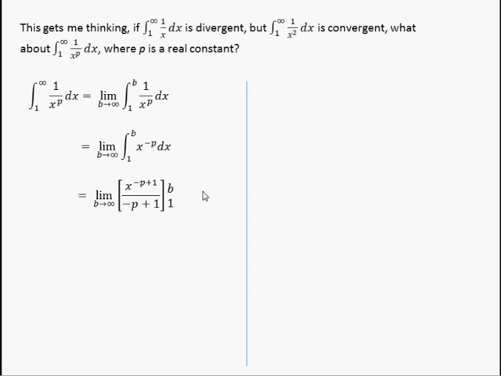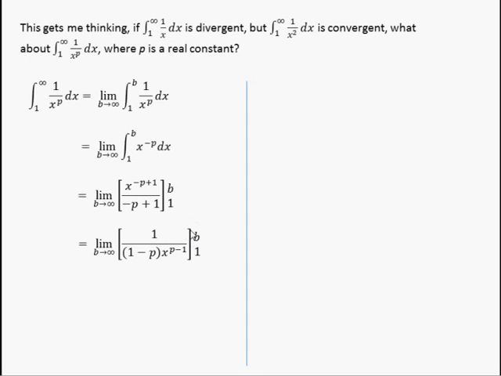Just rearranging this to make it look a bit neater. I don't want negative exponents, so I'll negative both of those and put them on the bottom. So it's 1 over, instead of minus p plus 1, 1 minus p. And instead of x to the negative p plus 1, it's x to the positive p minus 1. That's just rearranging, no integration there.